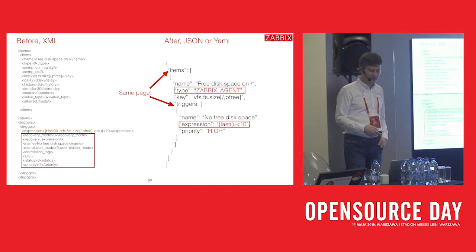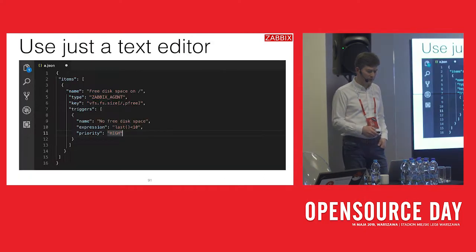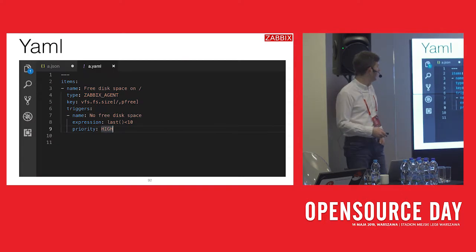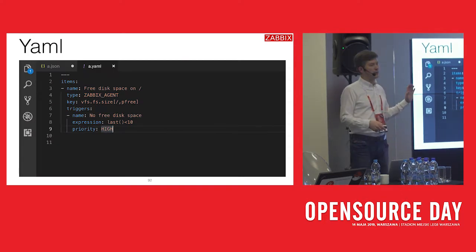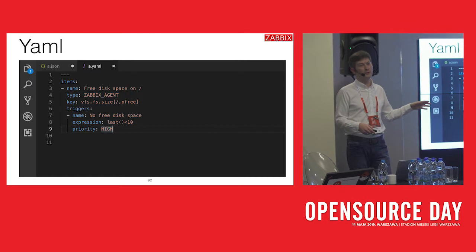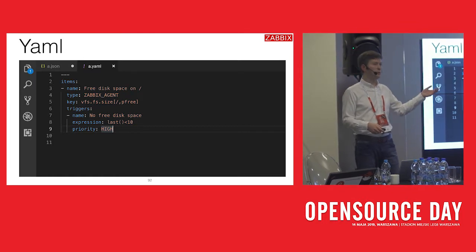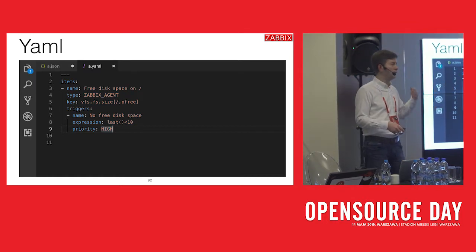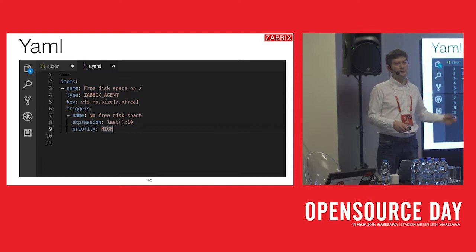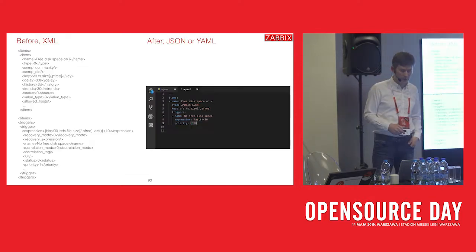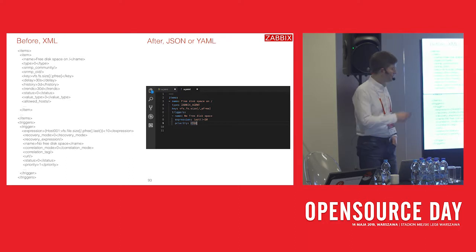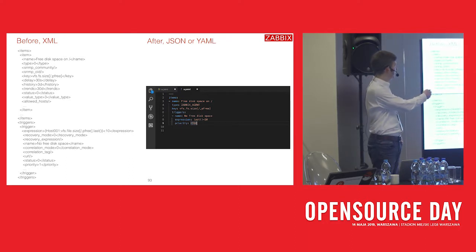So it really should be simplified, and I want to keep all Zabbix templates in a Git repository. So if someone has some suggestions, just create a pull request or some feature request, and we'll do some modifications. So before and after, there's a huge difference.